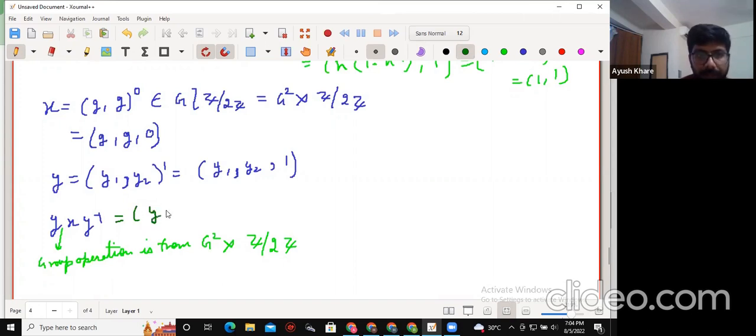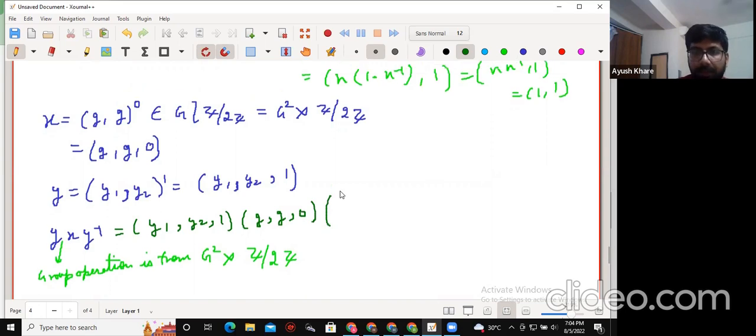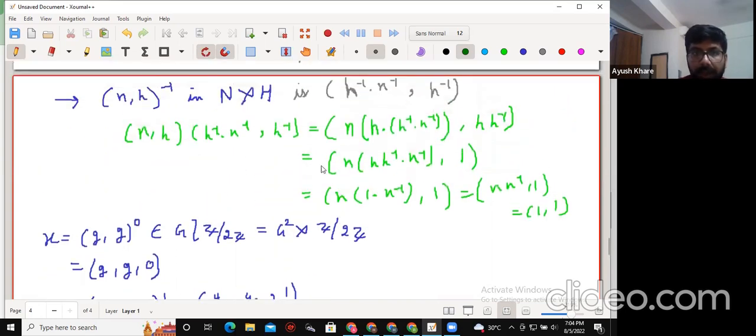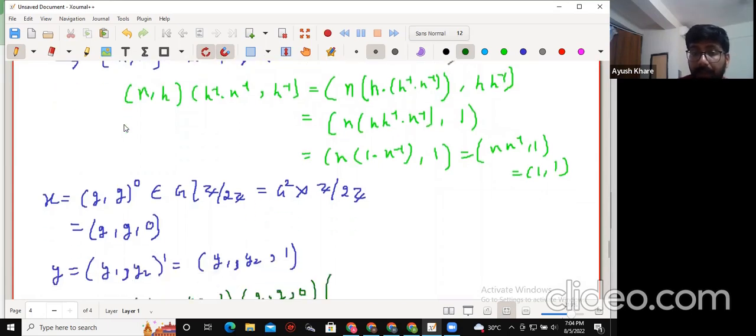First we have to put Y, so it is Y1, Y2, then 1, then we have to put X, this is G, comma G, comma 0, and then what was the inverse of N comma H? Your N here is the tuple Y1 comma Y2.